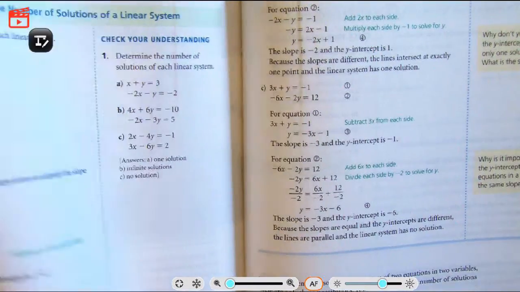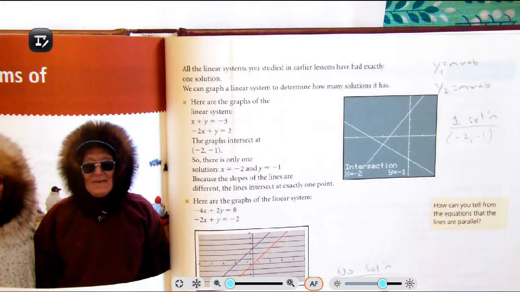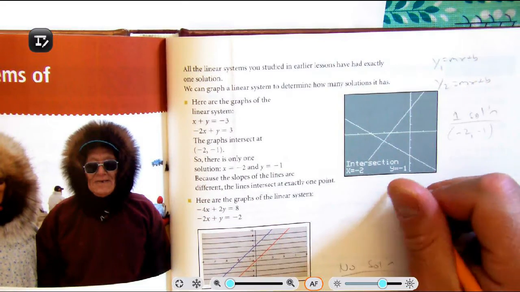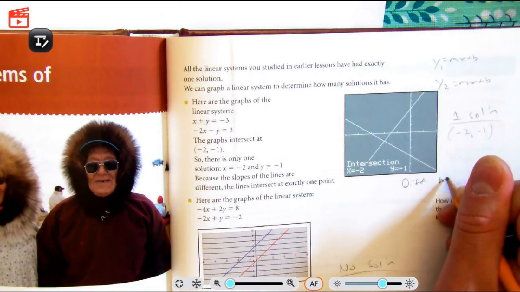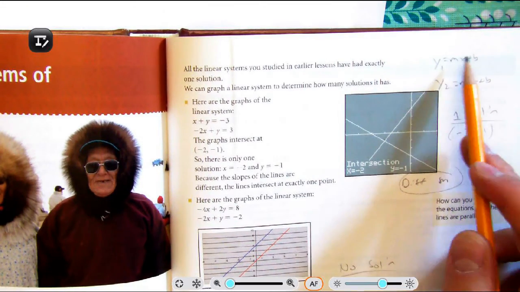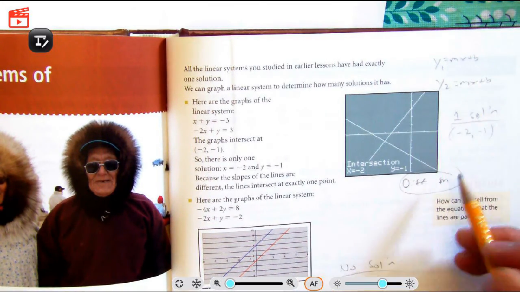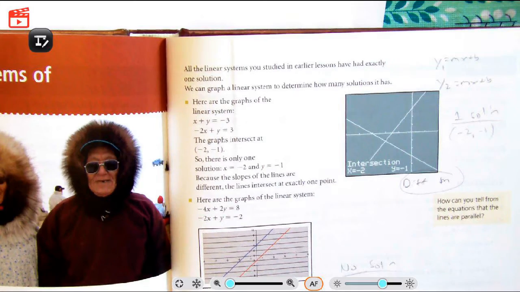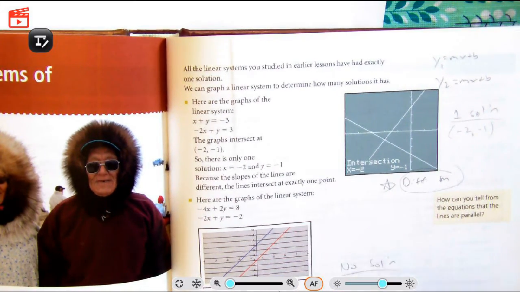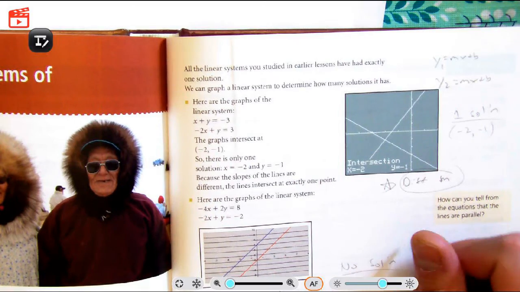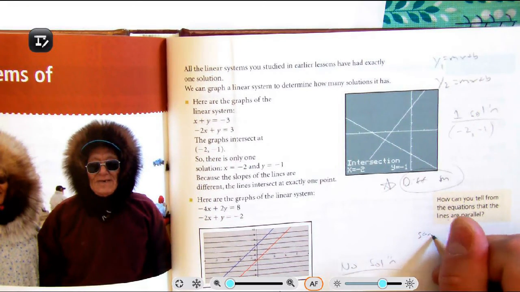So the key to look for, though, is most of the time, basically, I'll give you a shortcut. If you have different slopes, when you do your y1 and your y2, as long as you have different slopes, automatically you have one solution. So there's your shortcut. Look for different slopes. You're going to have no solution if you have same slope.